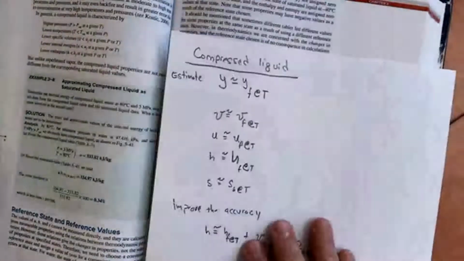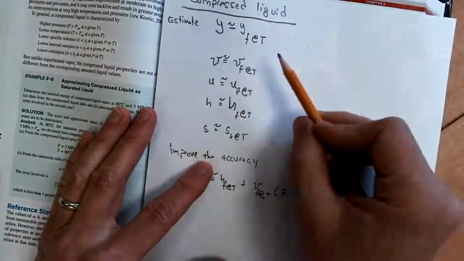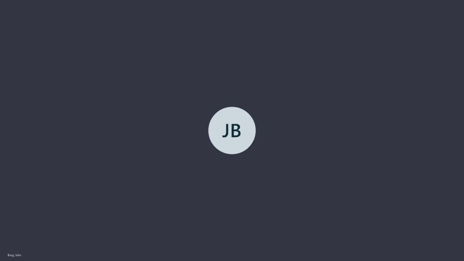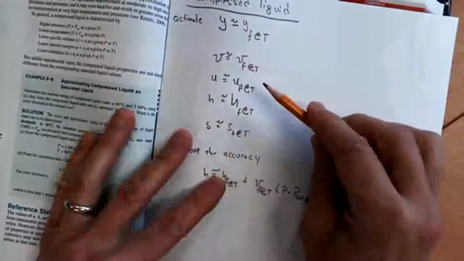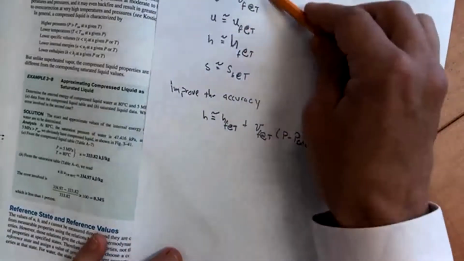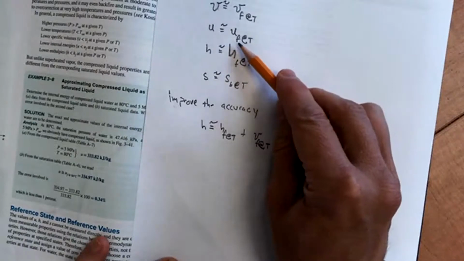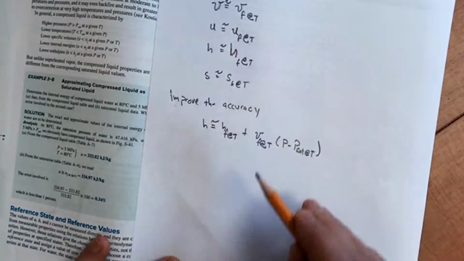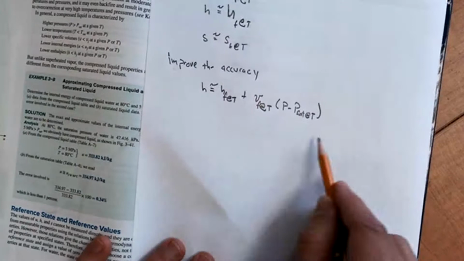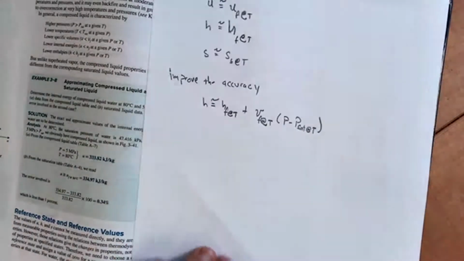As I mentioned, for any of these compressed liquids where you're not on the chart, you can estimate all the properties, specific volume, the internal energy, or the enthalpy, or the entropy, by going to the saturated liquid properties at the correct temperature. And then you can improve the accuracy for h only by this equation here.